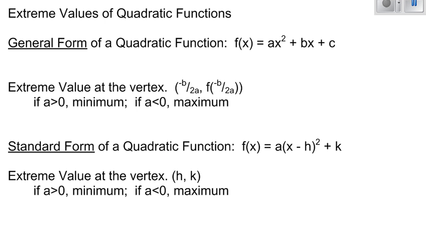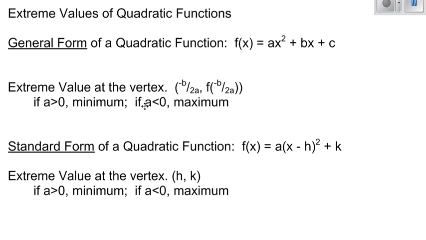So the first thing we're going to talk about is quadratic functions. The general form of a quadratic is just ax squared plus bx plus c. If it's in general form, you can find the extreme value at the vertex, which would be negative b over 2a, and f of negative b over 2a, just the output when you plug in negative b over 2a.